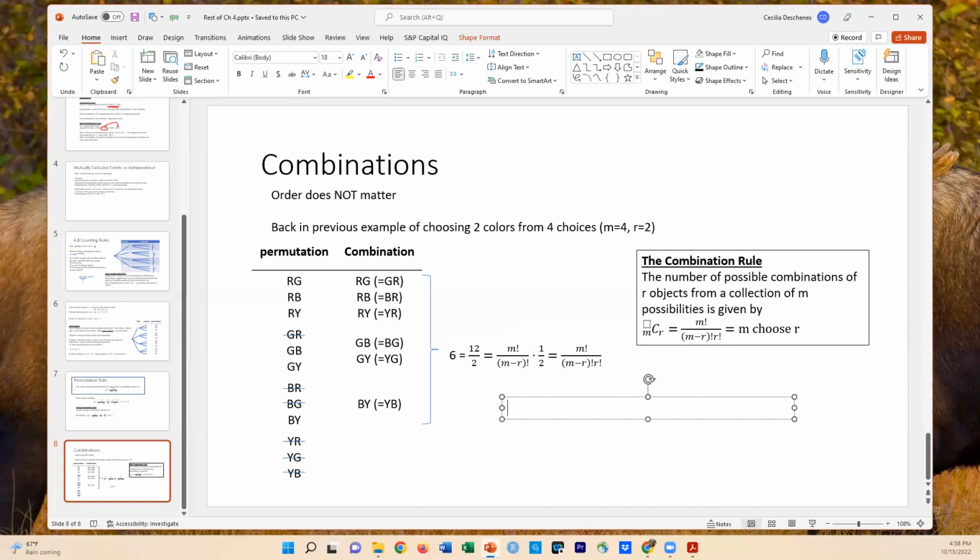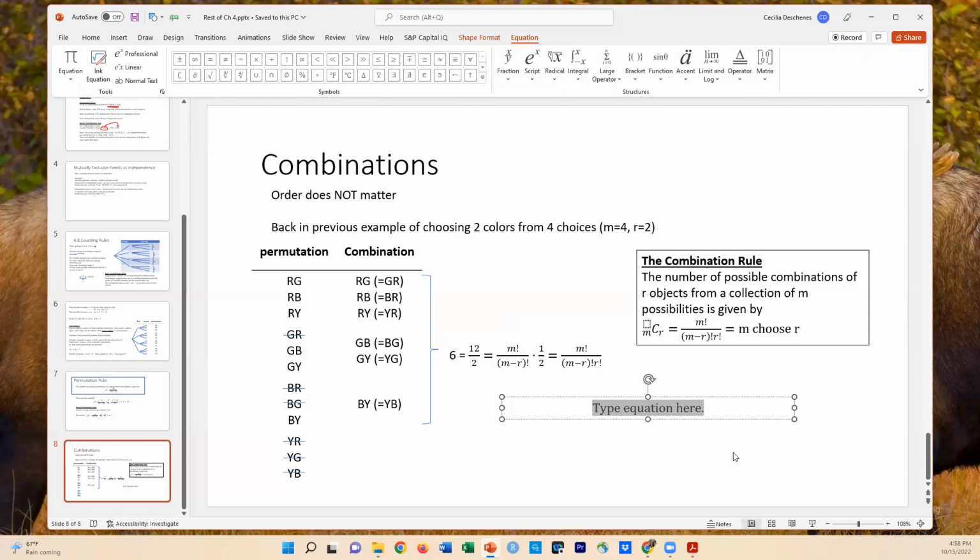Oh, I was in a math mode, sorry. 4 choose 2. So according to the formula, it should have been 4 factorial divided by (4 minus 2) factorial, divided by 2 factorial.